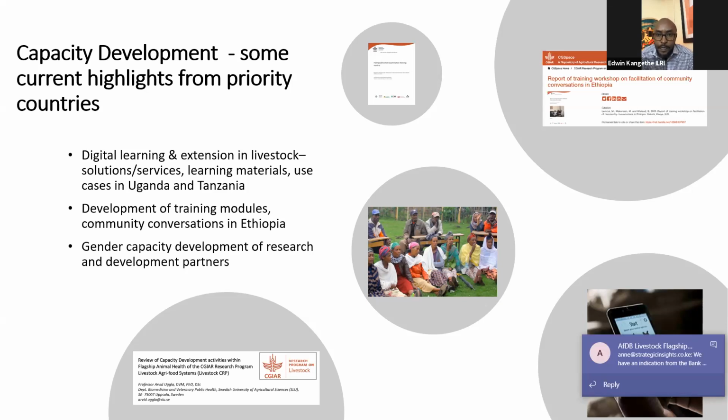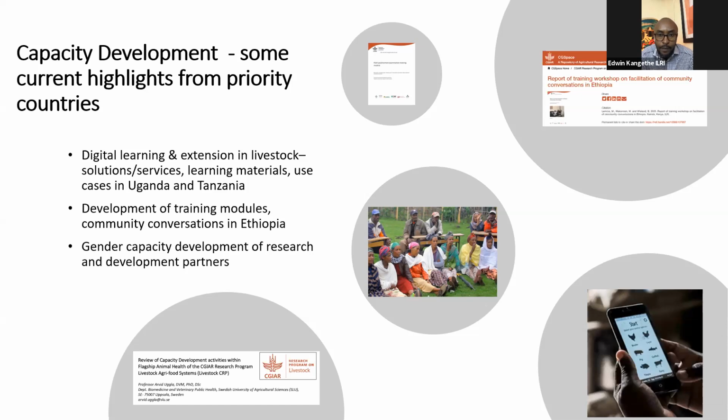This work is summarized into 3 parts. We have solution providers or service providers, and these are digital service providers that we want to attract into the work that we are doing, in this case livestock work. In the two contexts that we have, Uganda and Tanzania, we've got pigs in Uganda and dairy in Tanzania.